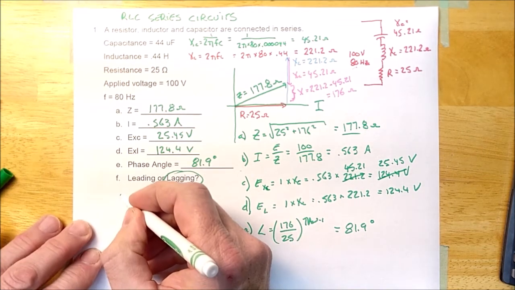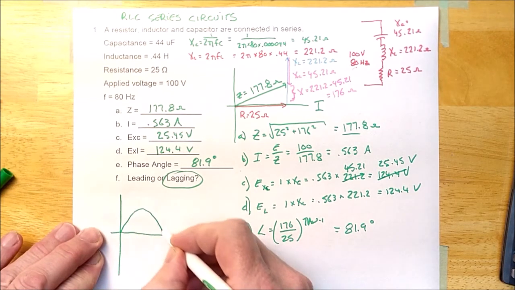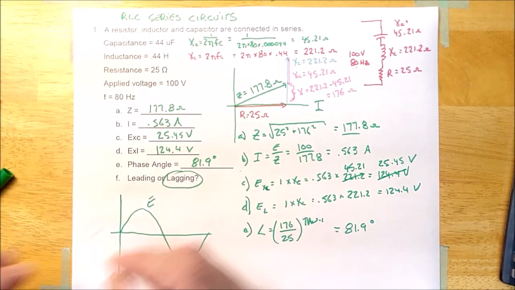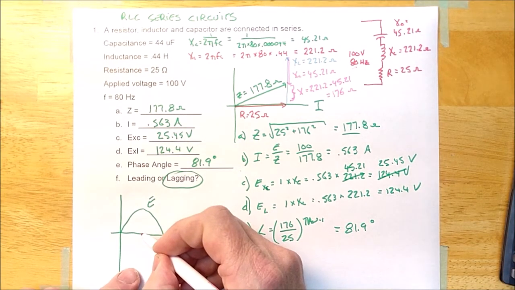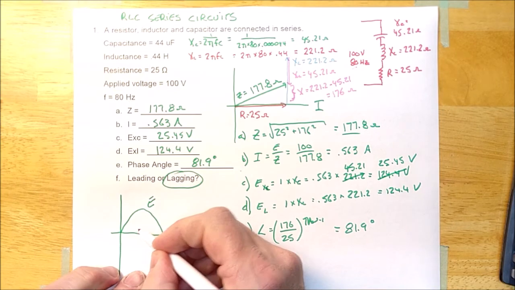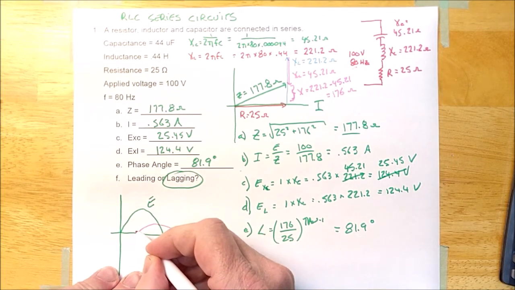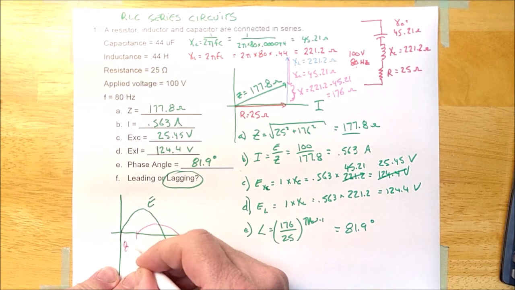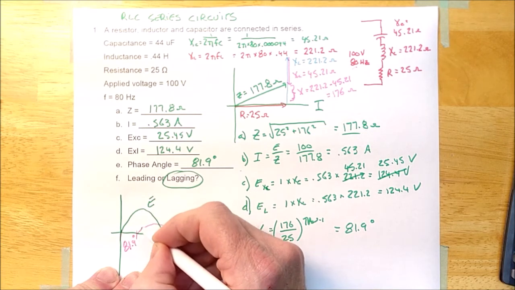In other words, I would see the voltage in this circuit, E, and I would see the current lagging not by 90, but by 81.9 degrees. So the current will look something like this, with 90 being right there.